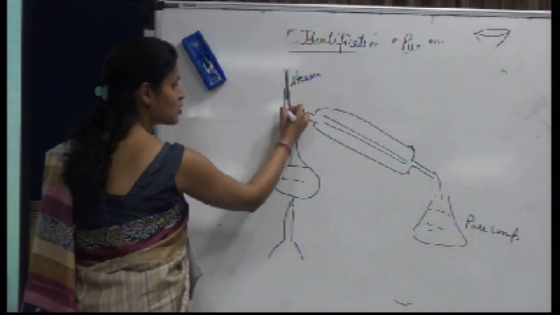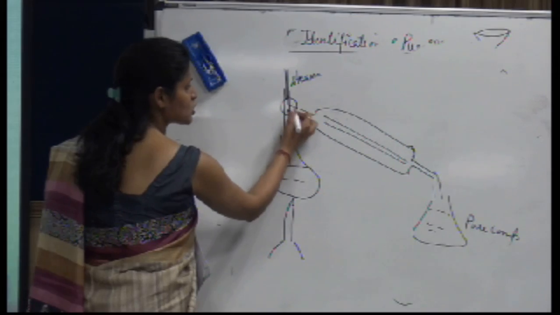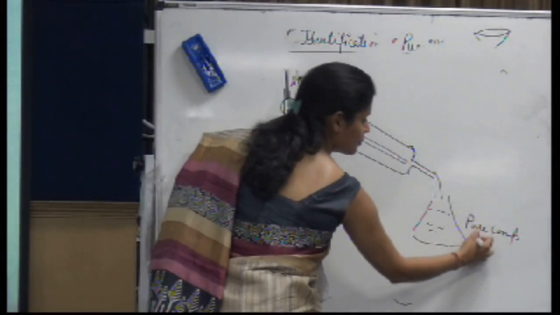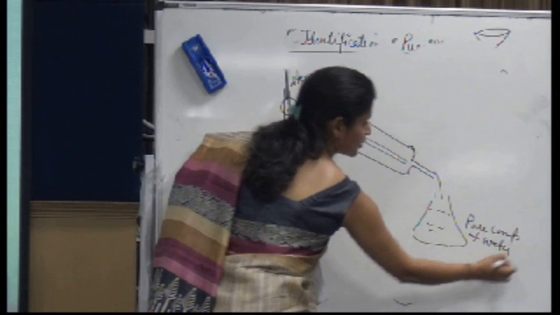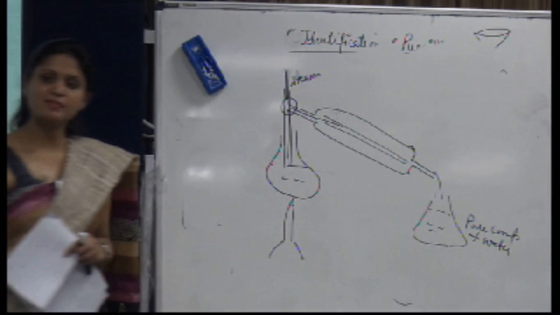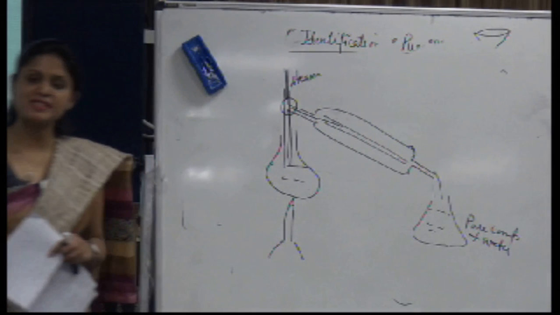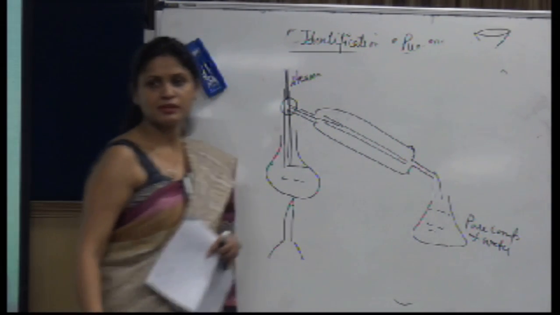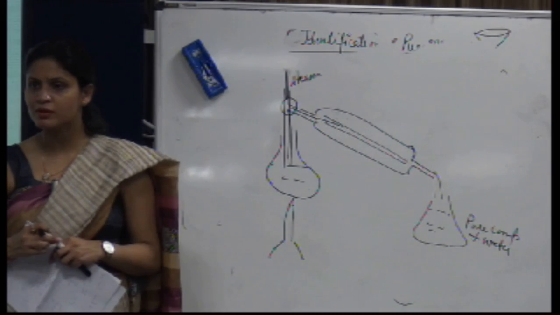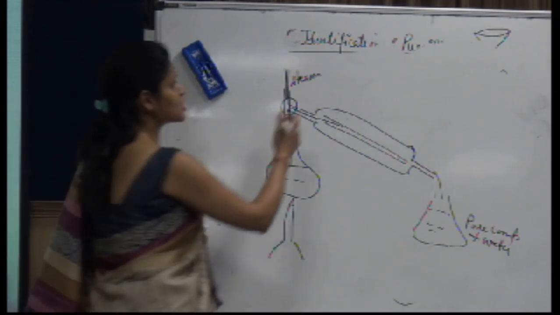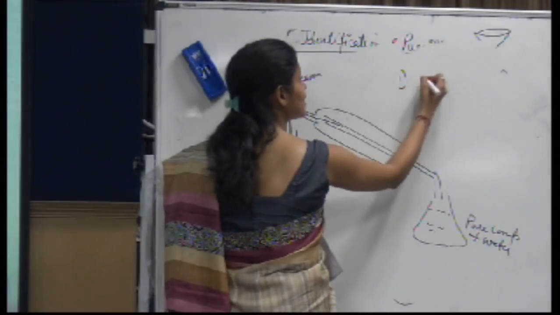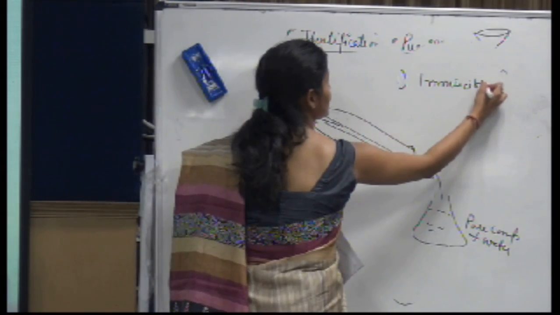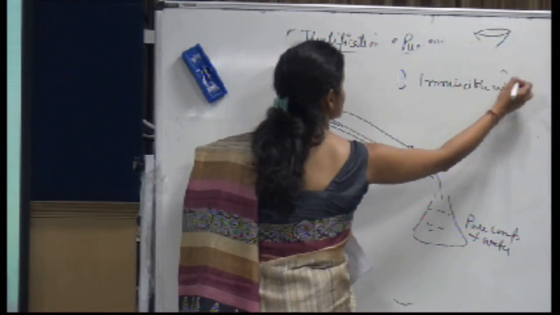The vapors of the compound and the steam will pass through the condenser and I'll get the compound plus water. But if I want to obtain a pure compound, then how can I say a pure compound contains water? In that case it is not a pure compound. But steam distillation is only valid for the case where the compound is immiscible with water. So these are the various criteria for which steam distillation is applicable.